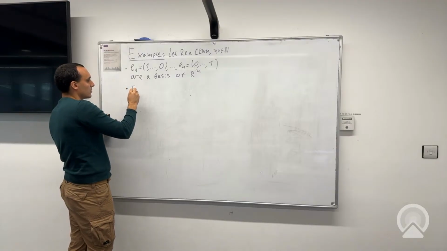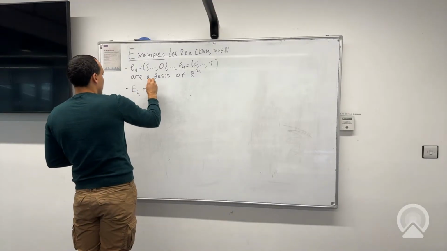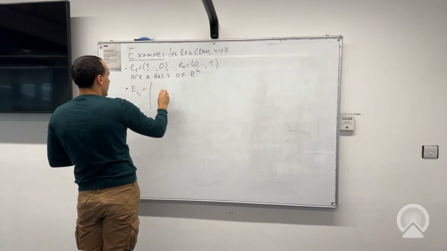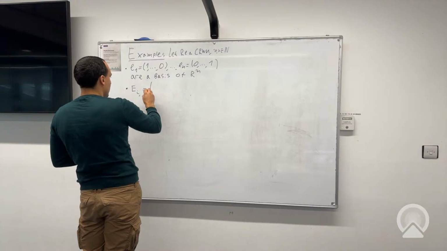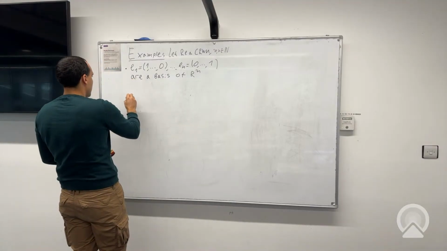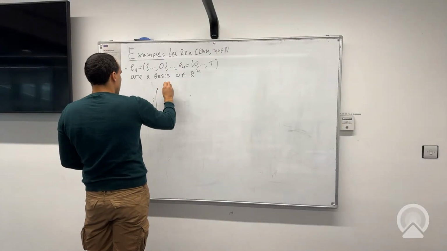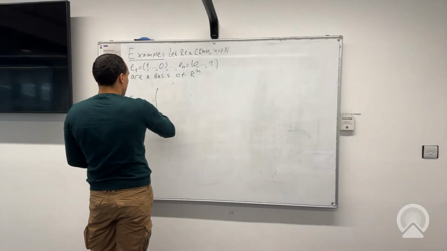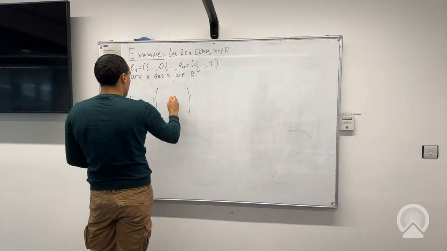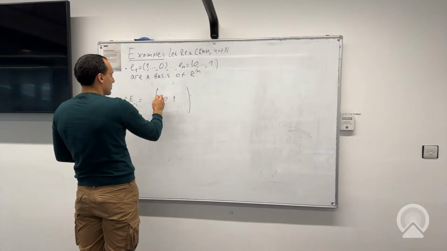I denote these matrices: E_ij is the matrix where everywhere is 0, but in the ith row and the jth column we have 1, and everywhere else we have 0.